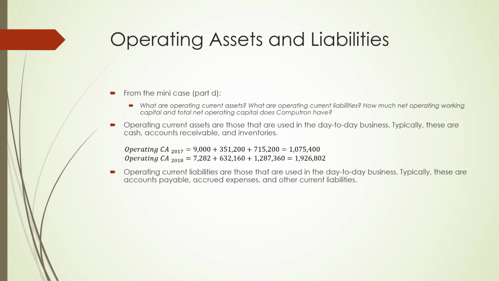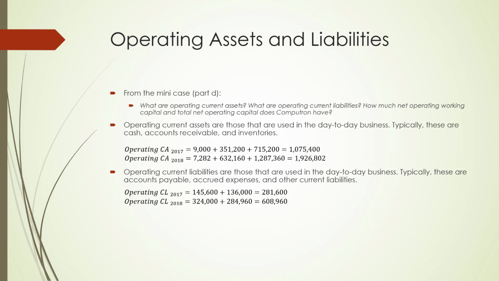Operating current liabilities in 2017 were accounts payable and accrued expenses. So $145,600 plus $136,000 gives us $281,600. In 2018, that went up again by quite a lot to $608,960. So partly the increase in operating current assets was paid for by an increase in operating current liabilities, but not entirely.